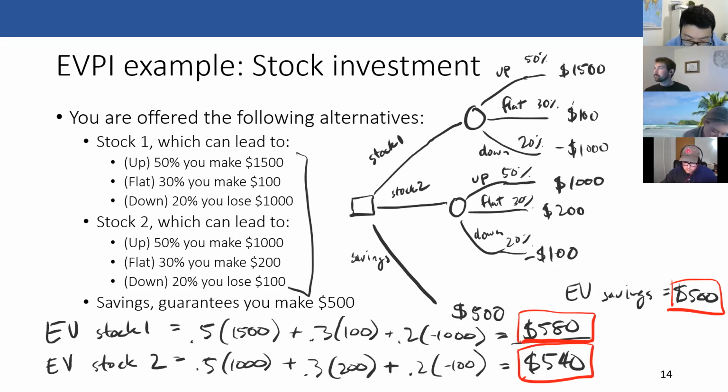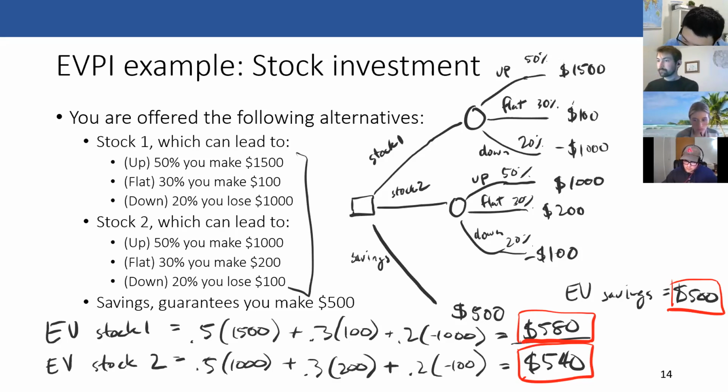The way that you would structure this is that I would reconstruct my decision tree such that the chance node is actually my decision node.